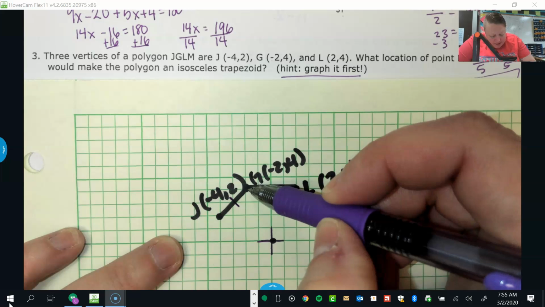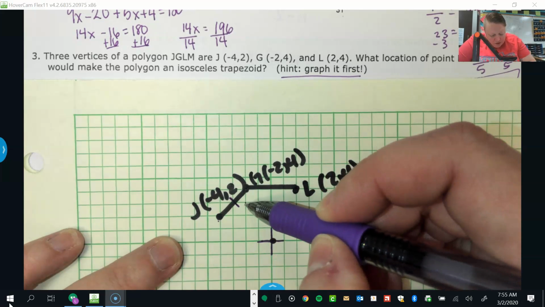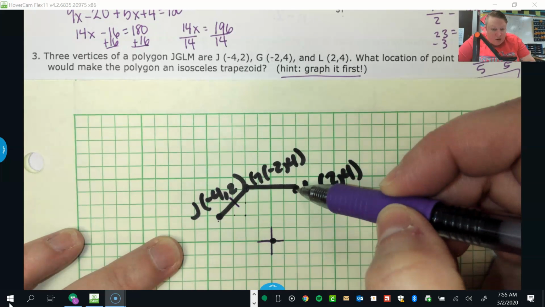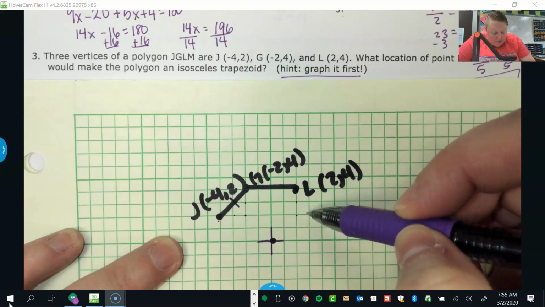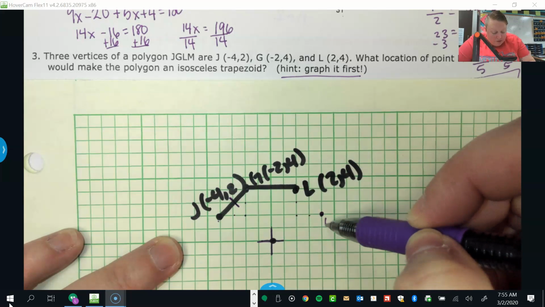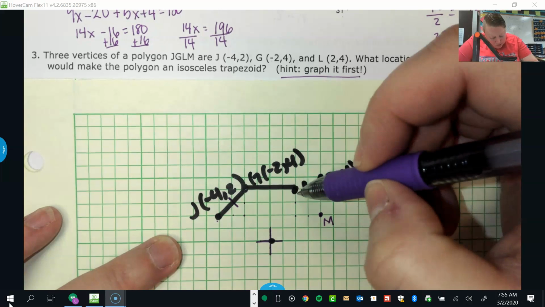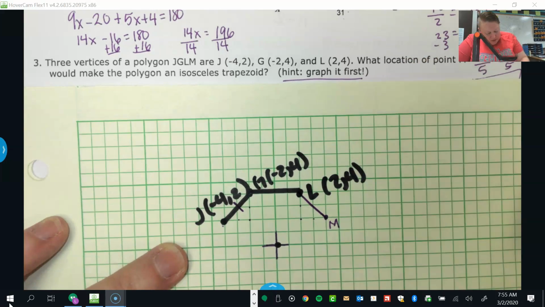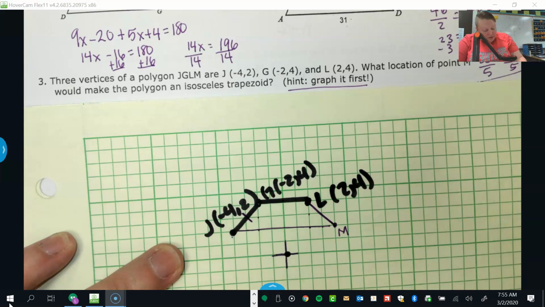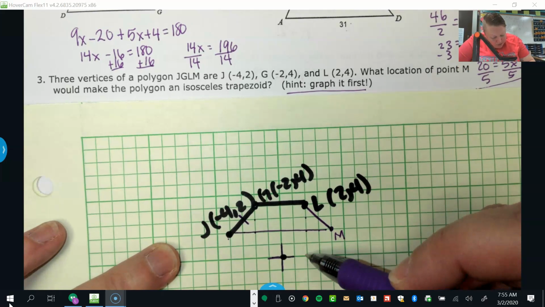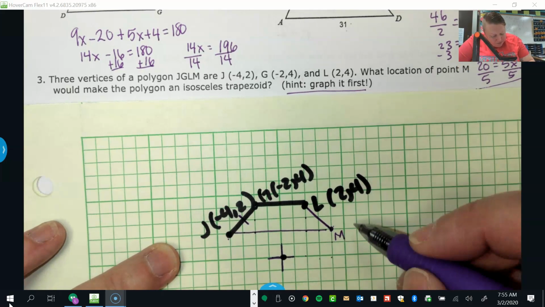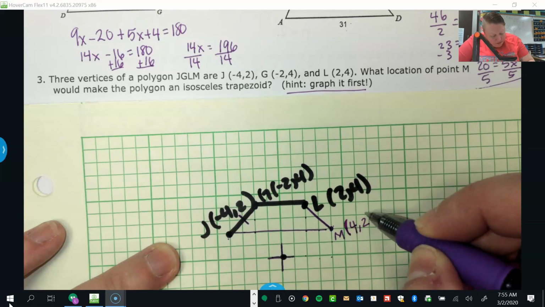So to get from here to here, I go down 2 and over 2. So I'm going to do the same thing over here, down 2 and over 2, to find my point M so that I have congruent legs.